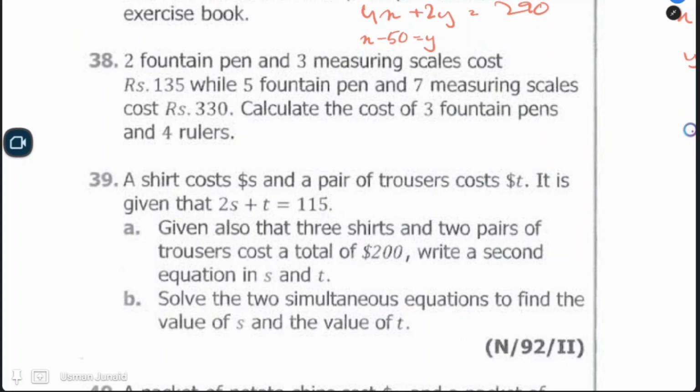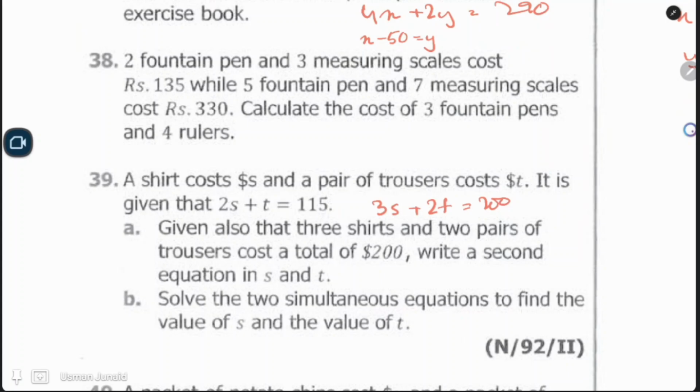Can you tell me the equations that you made? So for A, it's 3s plus 2t is equal to 200. This is the second equation. 3s plus 2t is equal to 200.